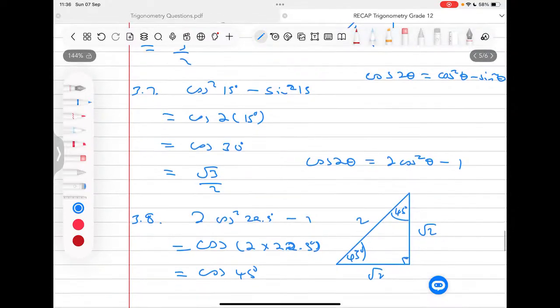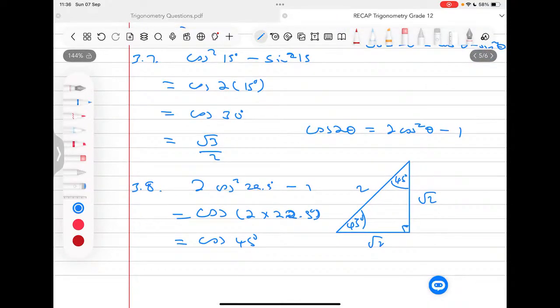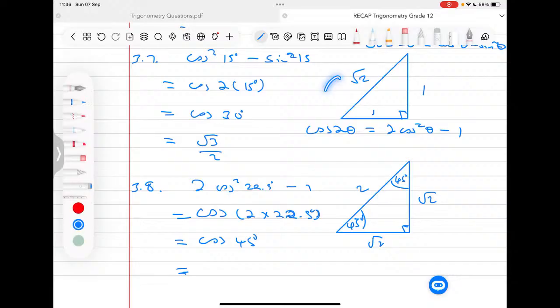So there are two triangles here. The other one that you can use is the one where this is 1 and this is root 2, right? You can use either of these triangles.